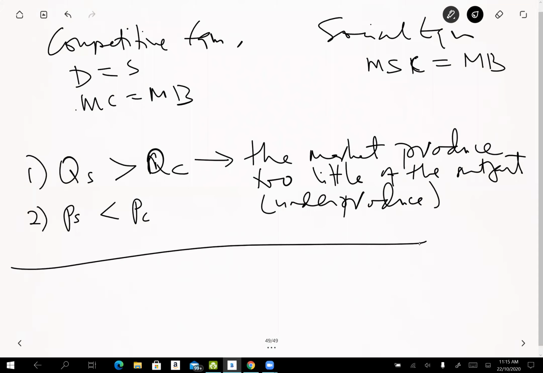So during the weekend, I would like you to review the four models: negative, positive, you have the production, you have the consumption.